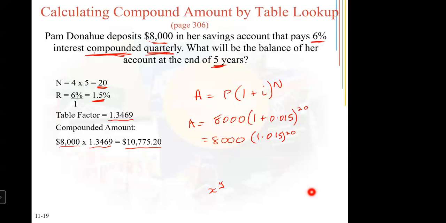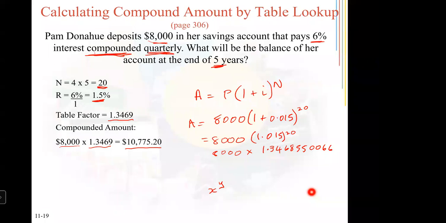So if you enter 1.015, then you press that power key, 20. I get 1.3468555066.